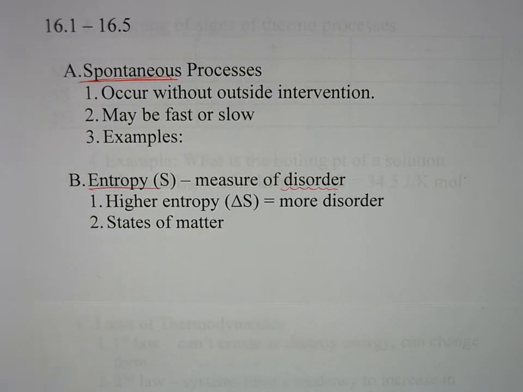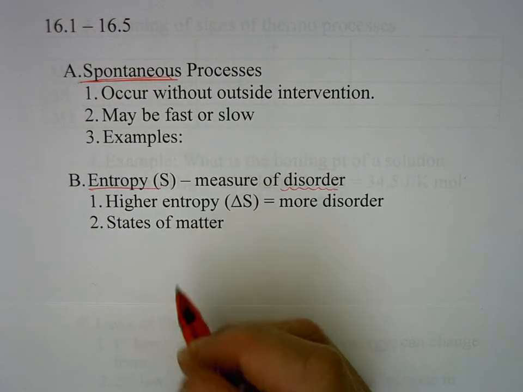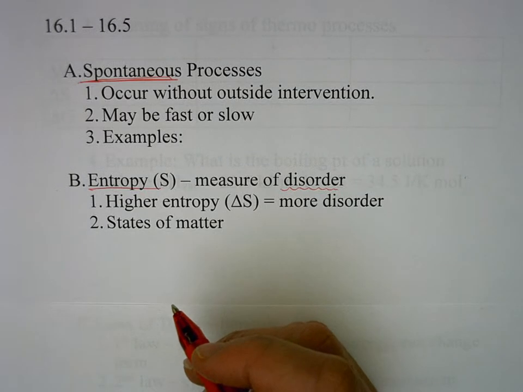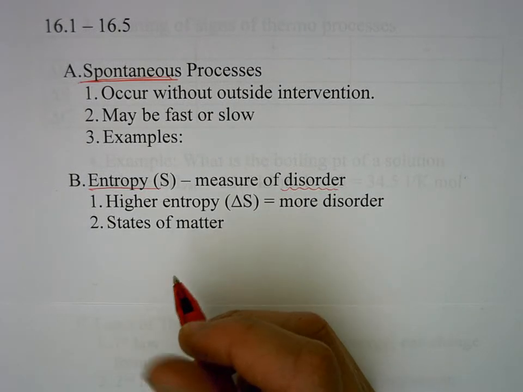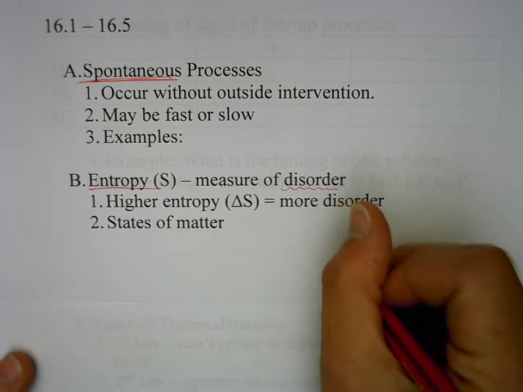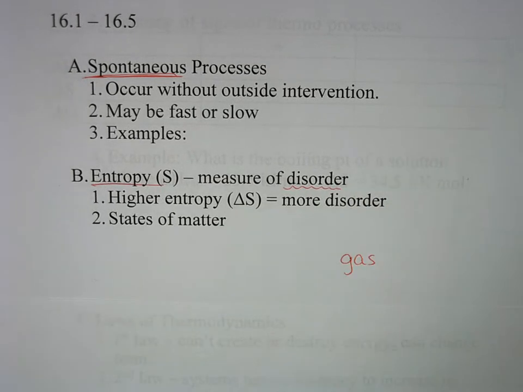So first of all, of the three states of matter, solids, liquids, and gases, which one would have the greatest amount of entropy? Gases. Gas molecules, okay? Why? Because they're far apart, they're moving randomly all over the place. It's kind of like the measure of the craziness of the molecules, okay?